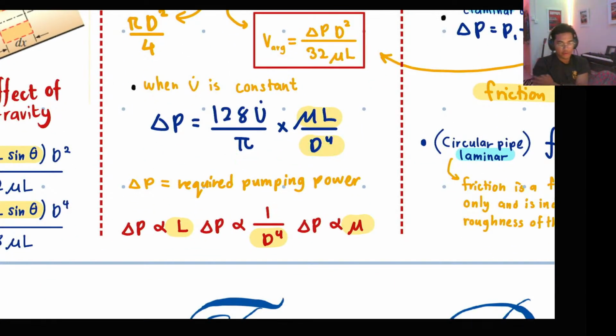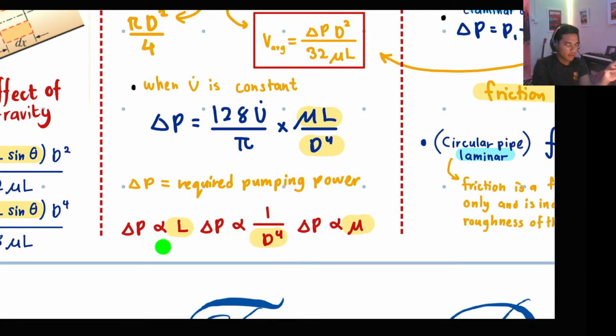As you can observe in the formula, the pressure drop is directly proportional to the length, inversely proportional to the diameter, and also directly proportional to the viscosity. So if you want to decrease the pressure drop, you should increase the diameter.